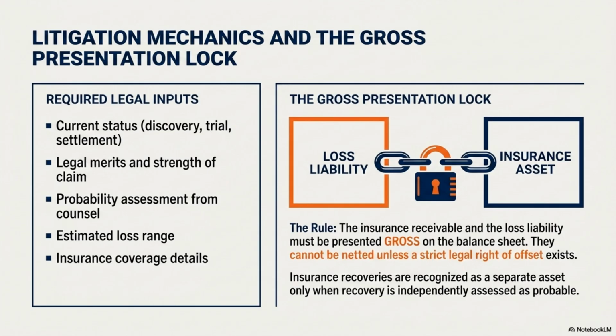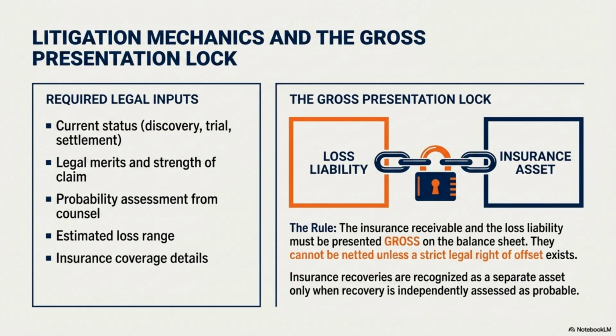Now the right side addresses something that trips up even experienced teams, the gross presentation lock. Say you have a litigation liability of $500,000 and an insurance recovery receivable of $300,000. Can you present a net liability of $200,000 on the balance sheet? No. Both amounts must appear gross and separately. The liability on one side, the receivable on the other.